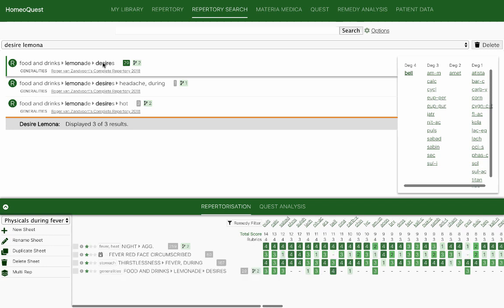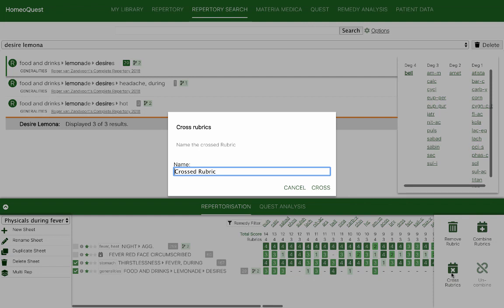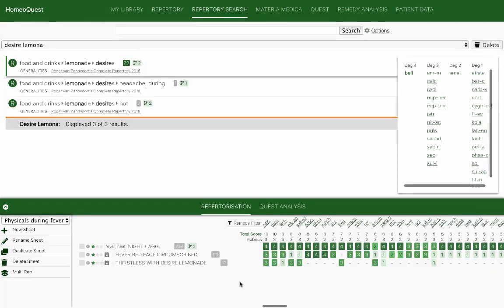So we take this and we cross them, so that we get remedies which have thirstlessness as well as desire for lemonade. All right, cross. So we have 17 remedies here, which is great, because otherwise there was no rubric with thirstlessness and desiring lemonade. But now with this process, we do have something that we can create as a rubric.